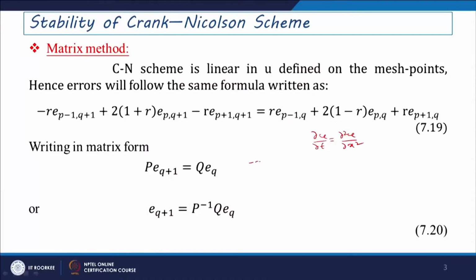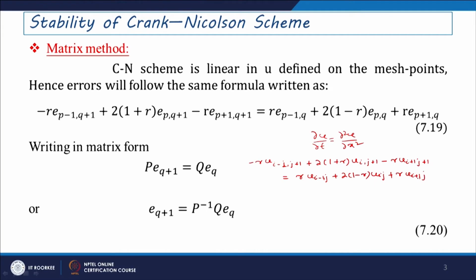Especially, as I have told you, consider the coefficients in the form of minus r u(i minus 1, j plus 1) plus 2 into (1 plus r) u(i, j plus 1) minus r u(i plus 1, j plus 1) equals r u(i minus 1, j) plus 2 into (1 minus r) u(i, j) plus r u(i plus 1, j) here.